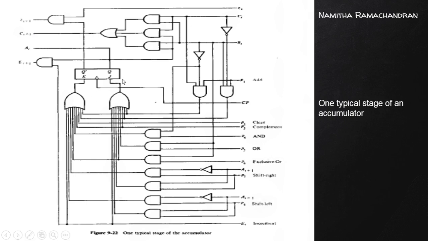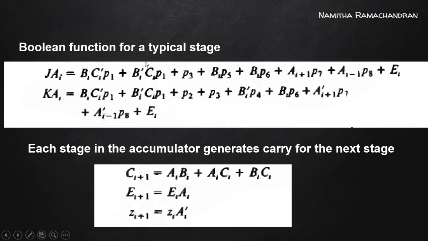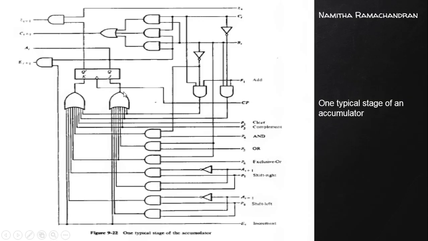Now we need to set the J and K input of our current stage of the accumulator. The J expression is a lengthy term. The expression is like this, the J expression and the K expression. Based on that, J input is actually Bi Ci complement P1.